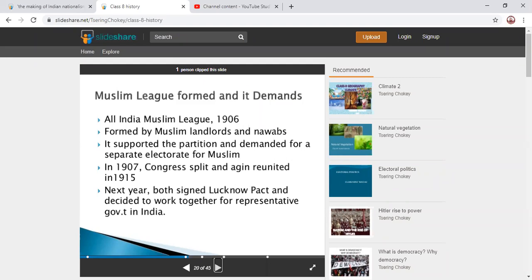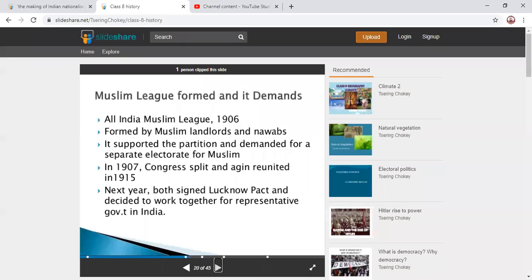It was formed by a group of Muslim landlords and Nawabs under the leadership of Salimullah Khan, the Nawab of Dhaka.